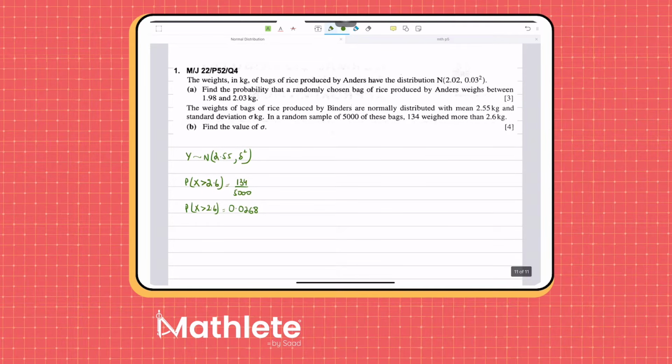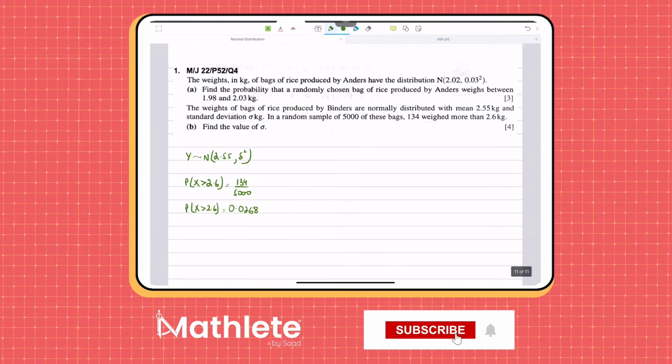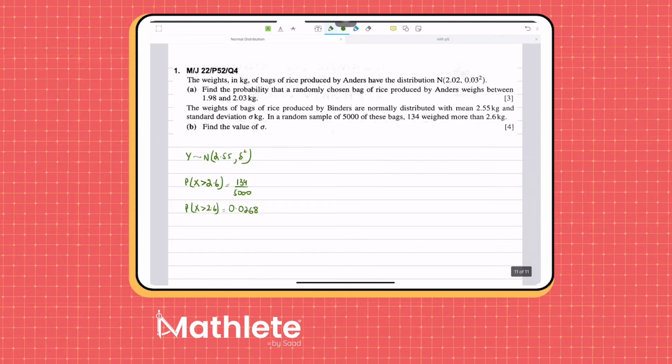Now, before I solve this question further, tell me what's the difference that you see in this question and the questions that we've solved so far. We've solved 2-3 questions now. Right now we're doing reverse working. We have the probability, and we're not given the standard deviation.